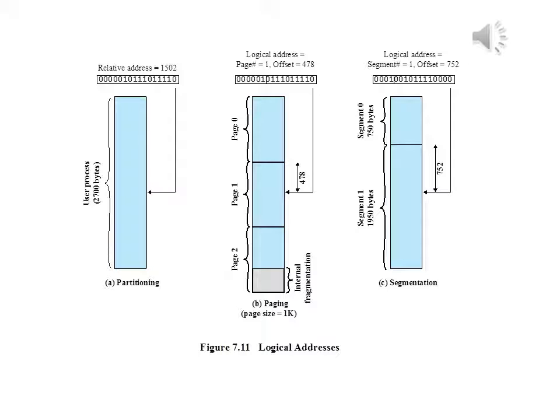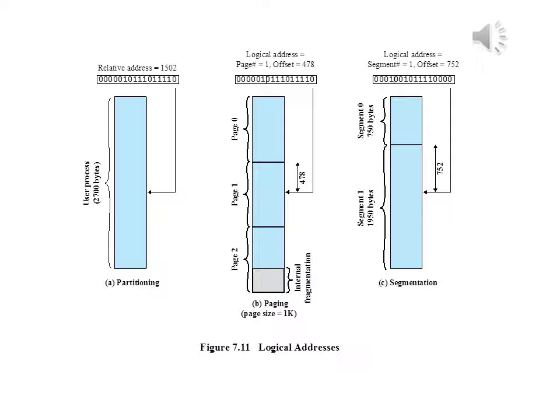Consider an address of n plus m bits, where the leftmost n bits are the page number and the rightmost m bits are the offset. In our example in B of the figure, n equals 6 and m equals 10. The following steps are needed for address translation. Extract the page number as the leftmost n bits of the logical address.